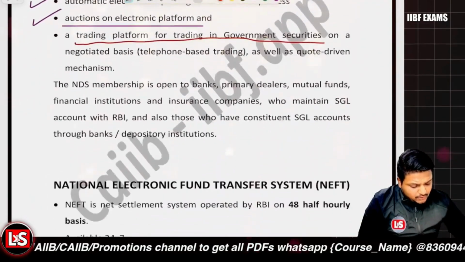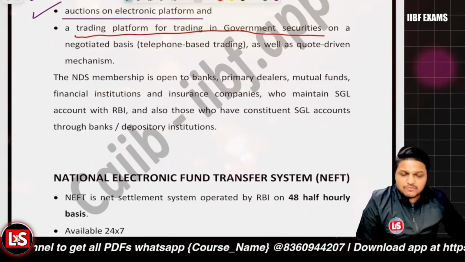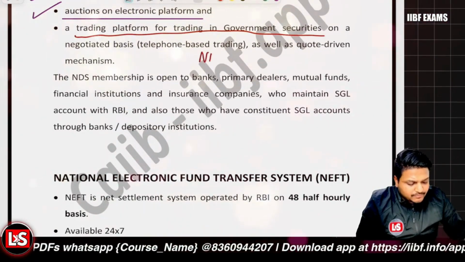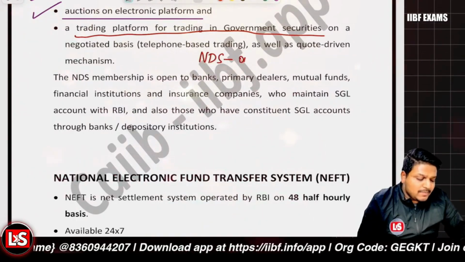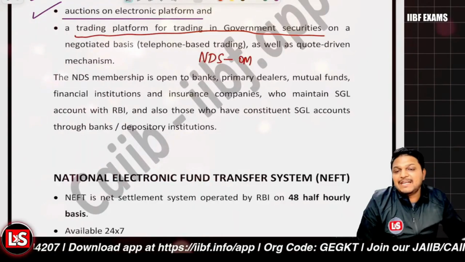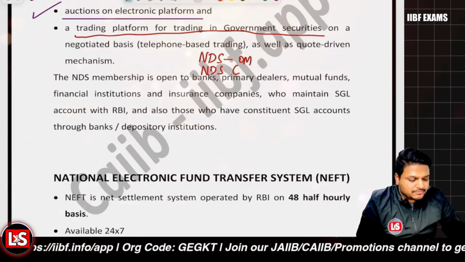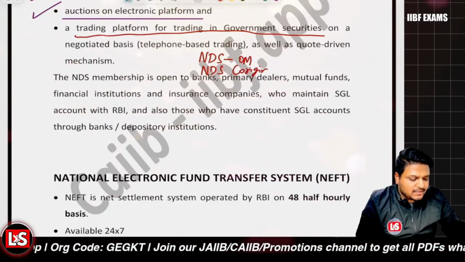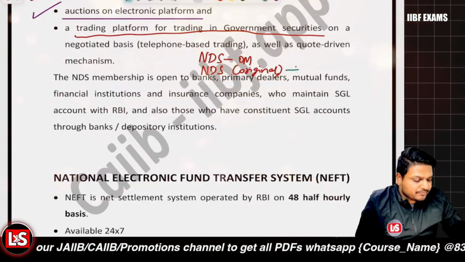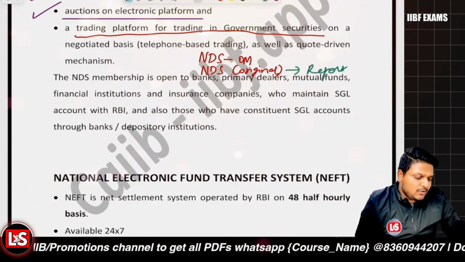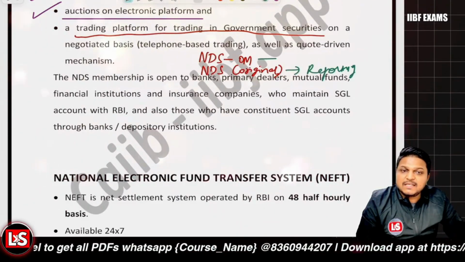And if we're talking about the types of the NDS, we have the NDS OM. NDS, that is negotiated dealing system, and OM means order matching, like anonymous screen based trading. And one is NDS original. This is basically related to the reporting platform, and NDS OM is basically screen based trading.